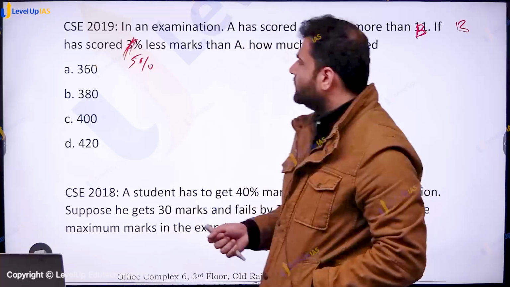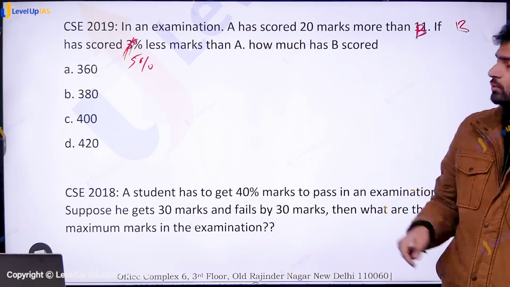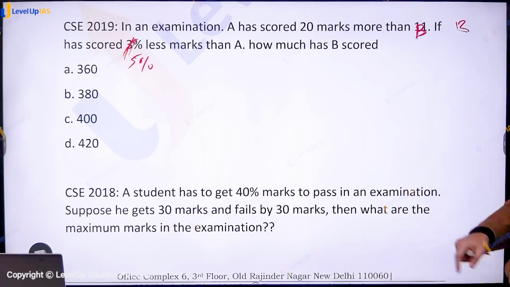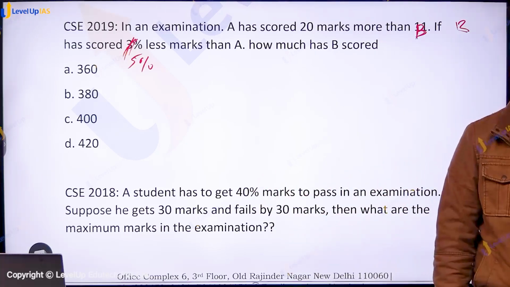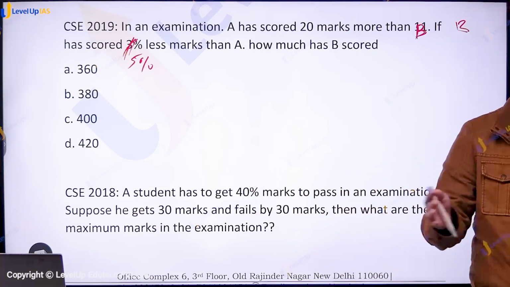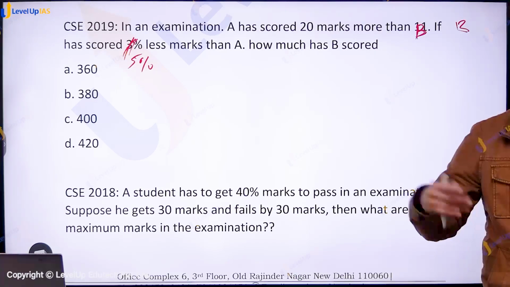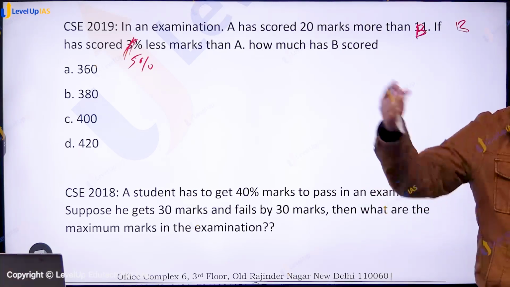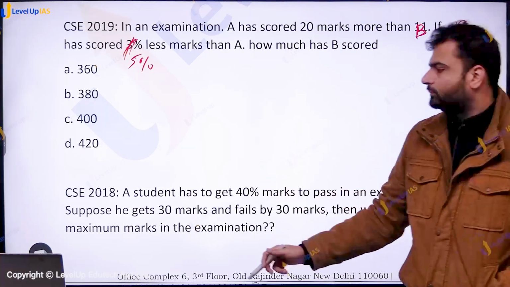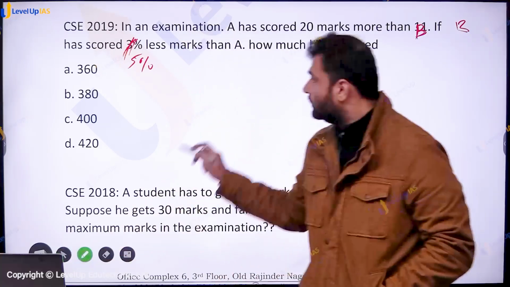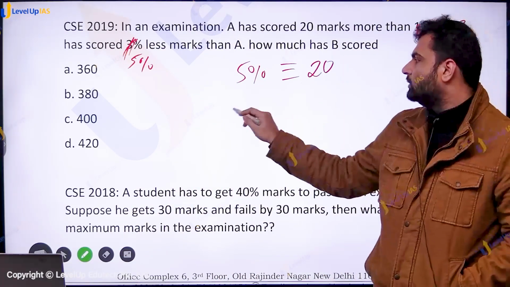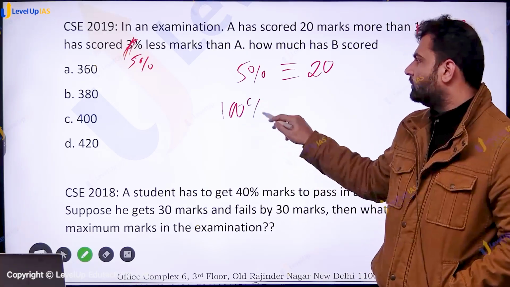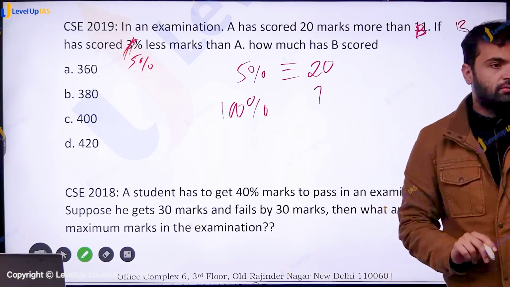So what they are saying is, in an examination, A has scored 20 more marks, and that 20 marks difference is equivalent to 5%. So, what is the 100%? 5% is equivalent to 20 marks. So, 100% is how many marks?